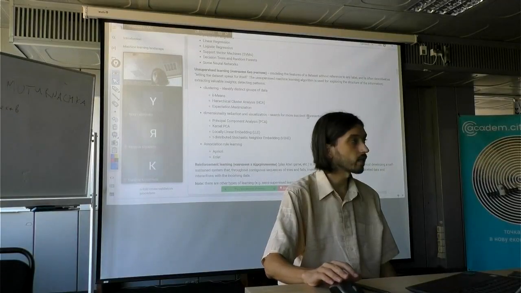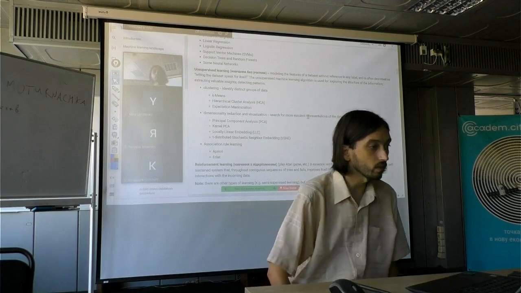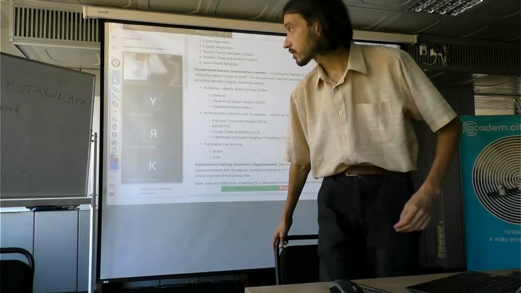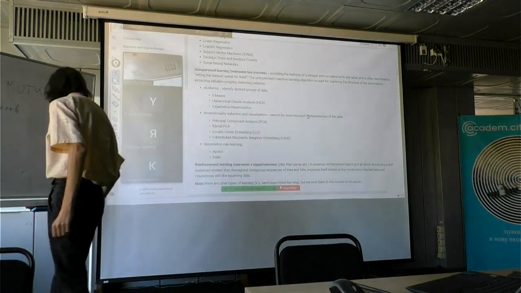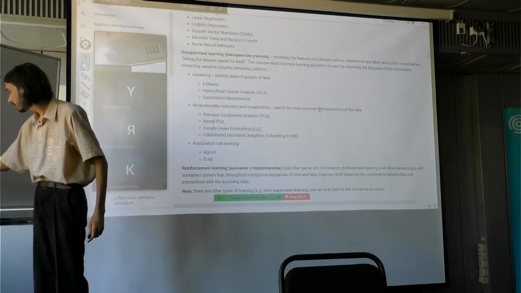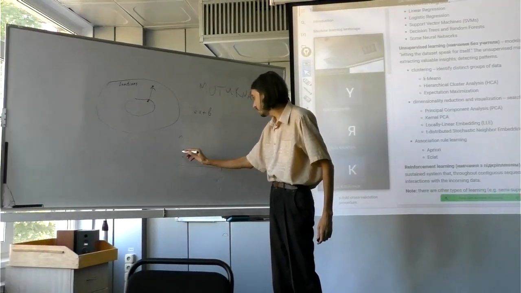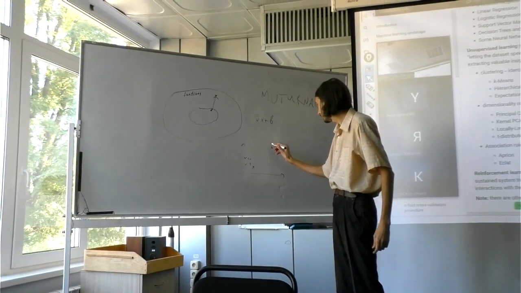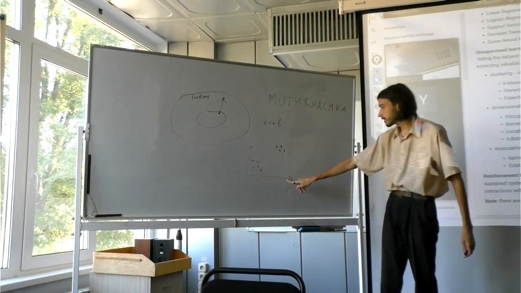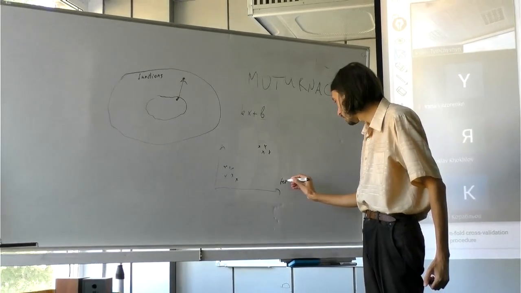To get some better insight, I will show you an example of such an algorithm, just one of them. Let's say these are my data points. Coordinates, as you might guess, are features. So this is feature 1.